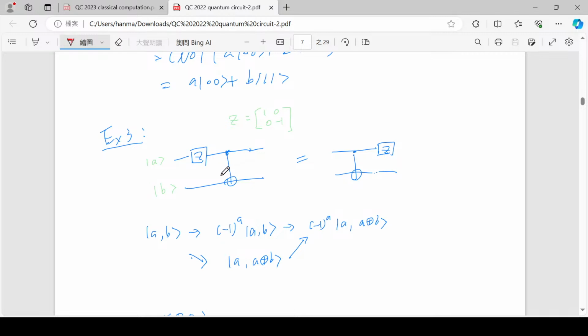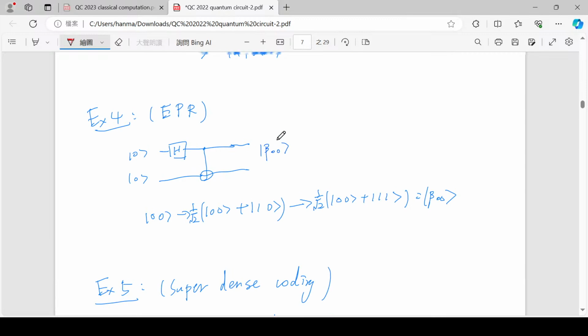And so CNOT and Z gate, and we see that the CNOT gate will commute with the Z gate. So the Z gate once again is 1, 0, 0, minus 1. And okay, so we didn't quite say, but it's easy to verify that Z on a equals minus 1 to the a times a. Okay, so you get the minus 1 phase.